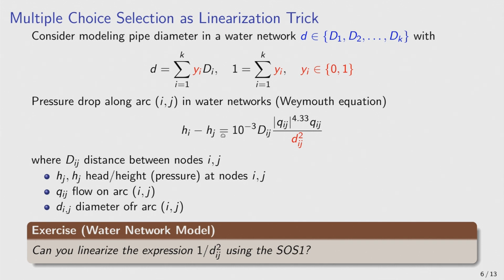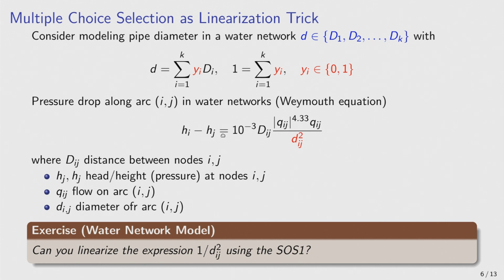There's an absolute value there, but it turns out that the numerator is continuously differentiable, because the exponent is large enough. Okay, so Hi are the head, Qij is the flow from node i to node j, and dij is the diameter of arc ij.